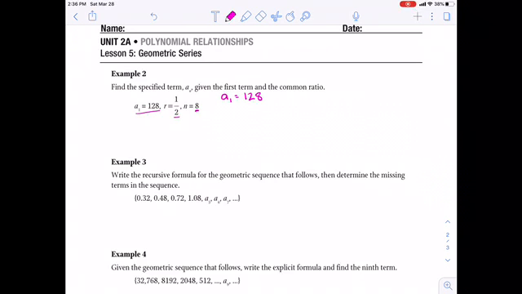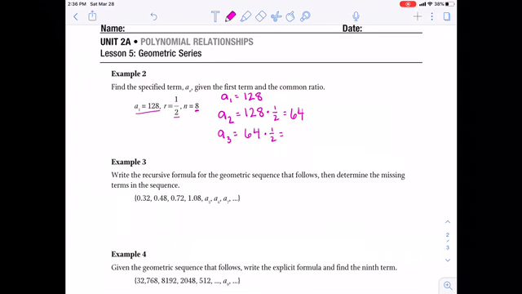Once I know that, to get a sub 2, all I have to do is take my previous number, 128, and multiply it by 1/2. If I type that into my calculator, it tells me that it equals 64. To get a sub 3, we take our previous number, which was 64, and multiply that by 1/2.